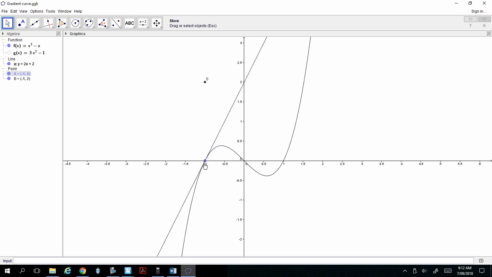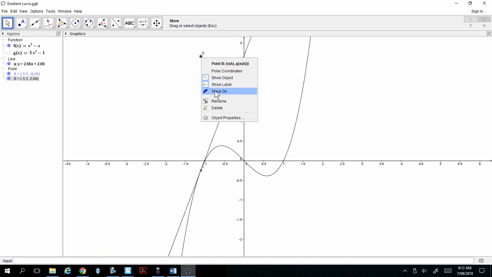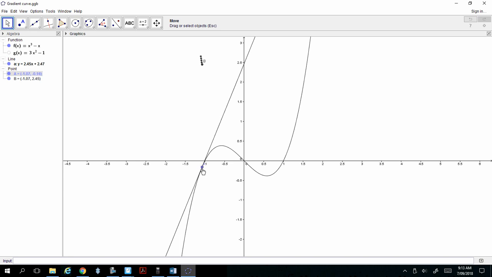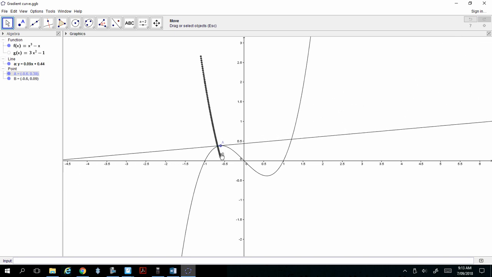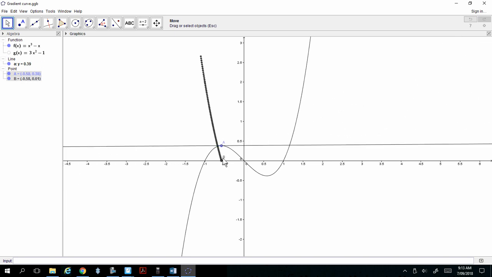Now, let's put the trace on. You can see what the graph of the derivative looks like. So watch this. This is positive gradient. And then, as A moves to the point, it becomes 0. Right? 0. And then what happens after that?